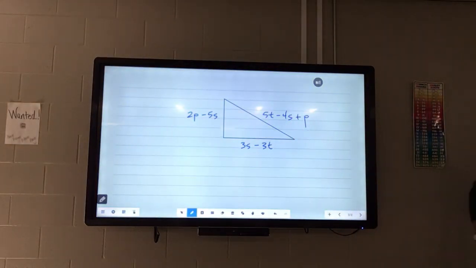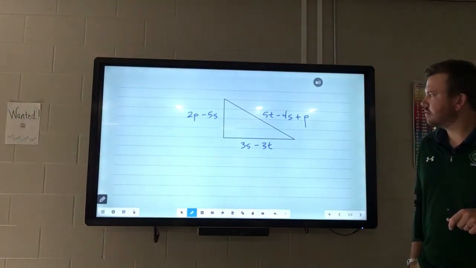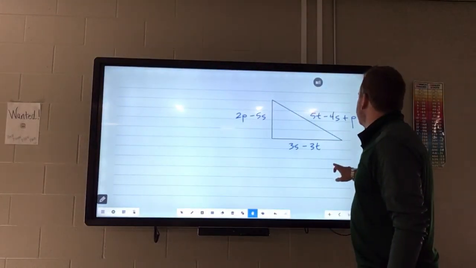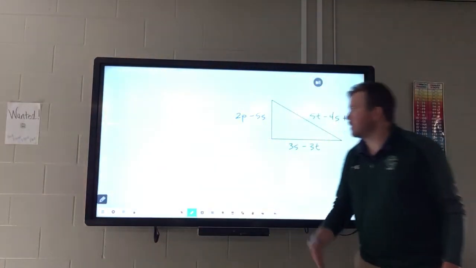And what they're going to ask for here is the perimeter of this triangle. Now hopefully you remember how to find the perimeter of a triangle. To find the perimeter of any shape, you add all the sides together.